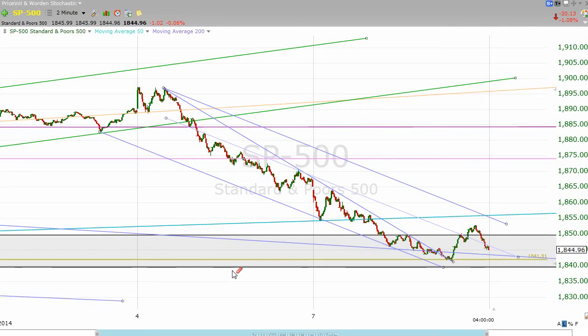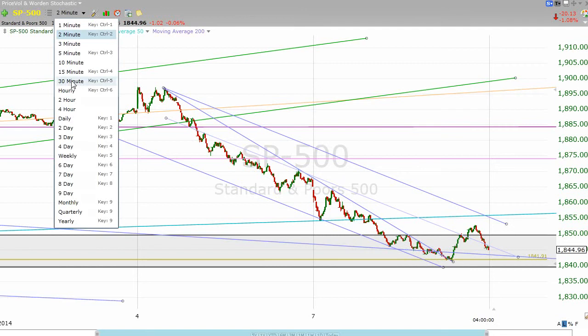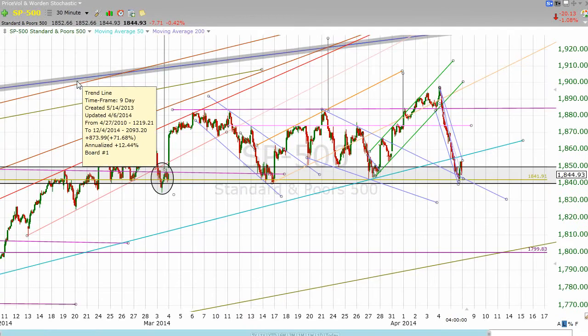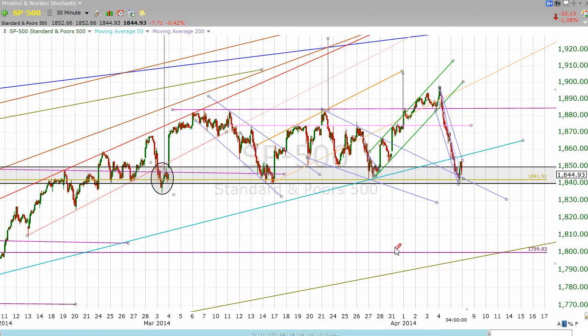So all of that to say that it appears to me that the last 2 days have been taking place in kind of a wedge shape, despite the fact that it looks like it is an absolute disaster.